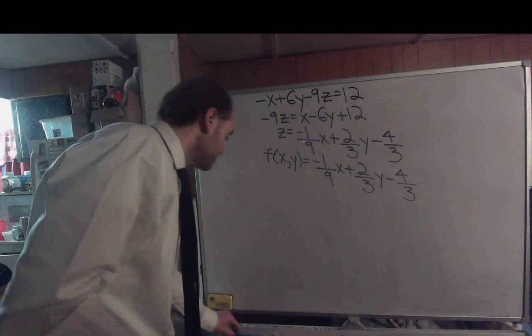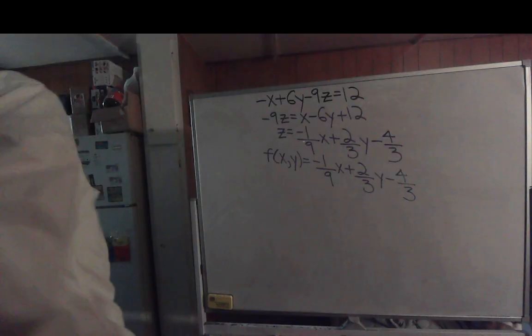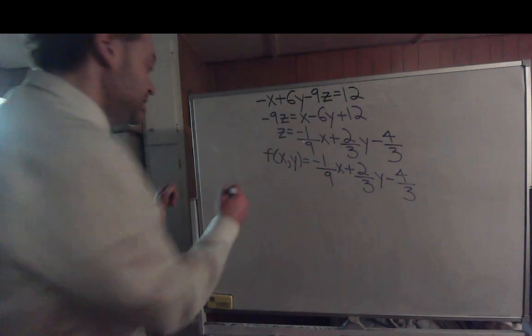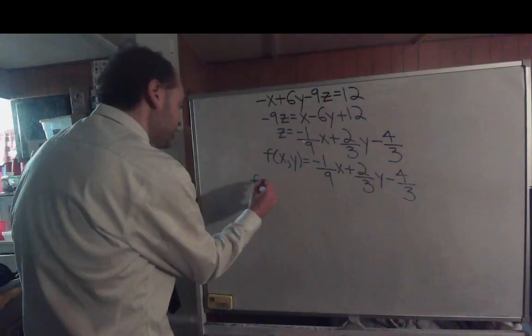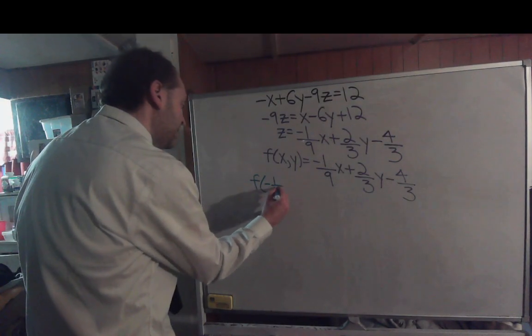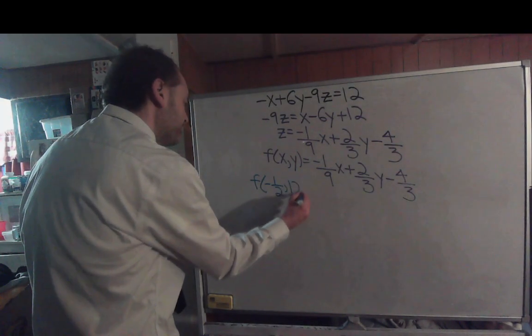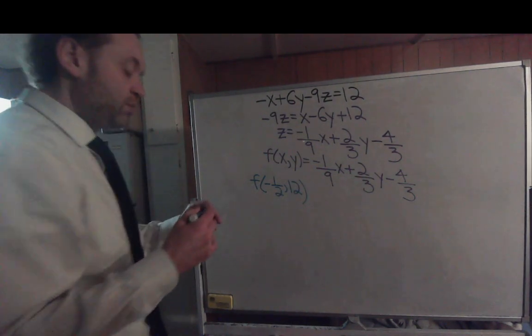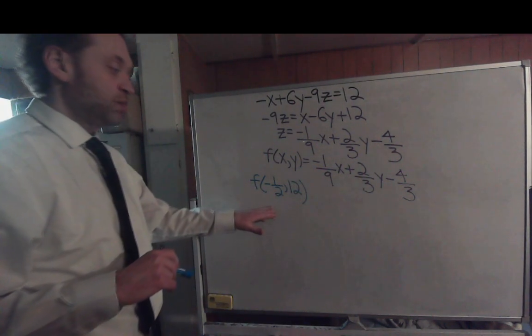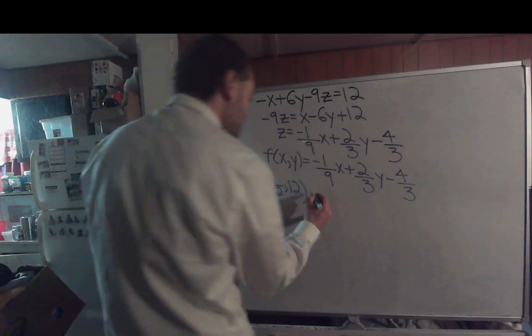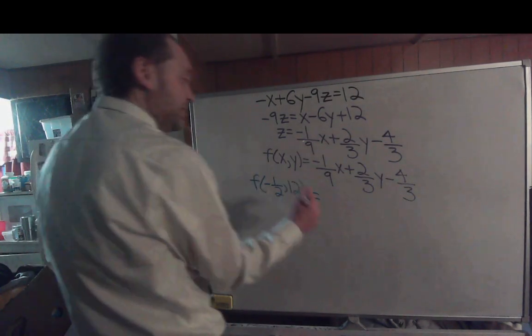Now what point do they want us to evaluate this time? They want us to evaluate f of (-1/2, 12). So we'll stick in -1/2 where we see the x.